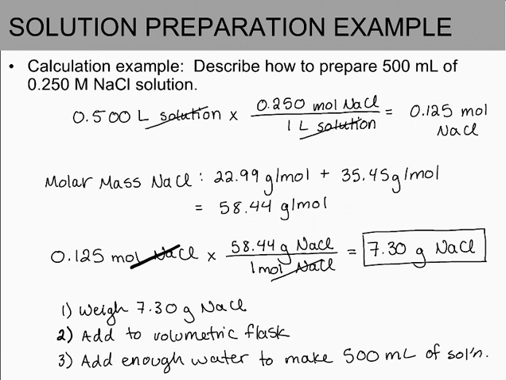If you have some table salt, I don't know if you have a balance at home, but you could weigh out 7.3 grams of sodium chloride and then add it to 500 milliliters of water, and you would have the same solution. These salt solutions are also useful if you have a sore throat. If you've ever gargled salt water before, you were making a solution of salt water, very similar to what we just calculated.